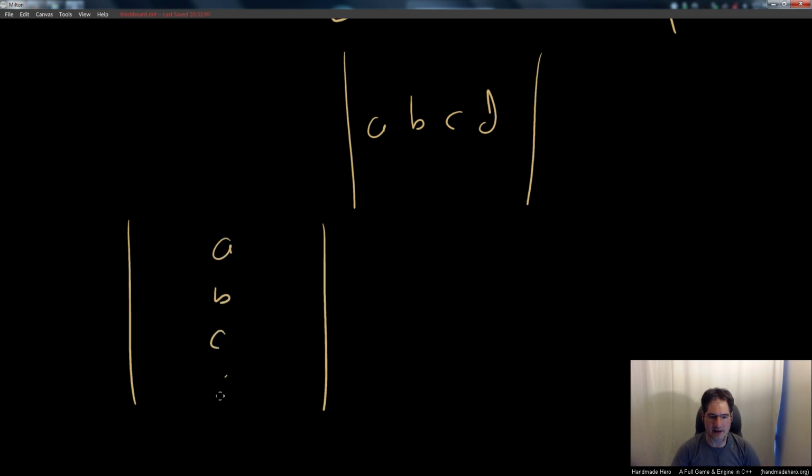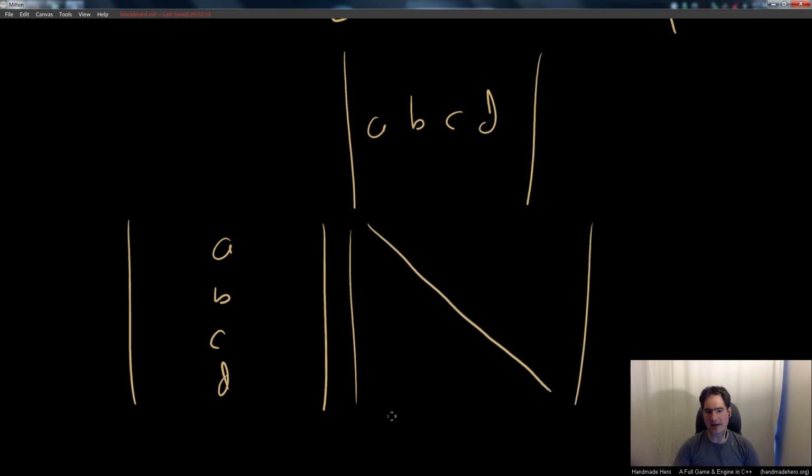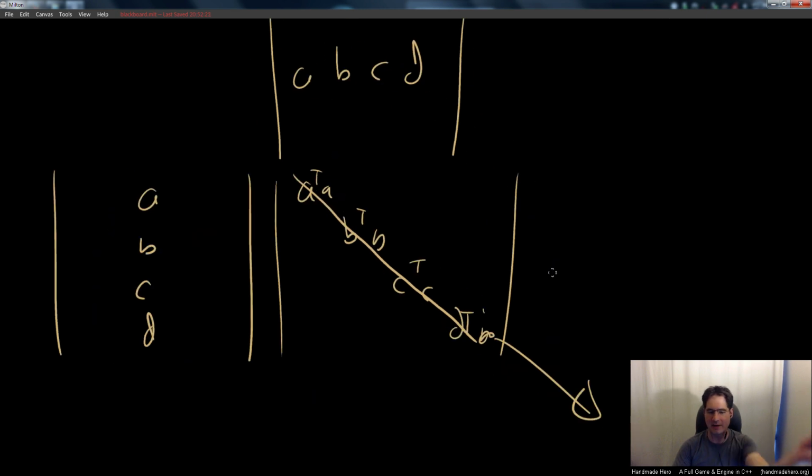Then you can just think of the diagonal of the matrix as being all the dot products of things with themselves: A transpose A, B transpose B, C transpose C, D transpose D, all the way down however big you made this matrix, I don't care.